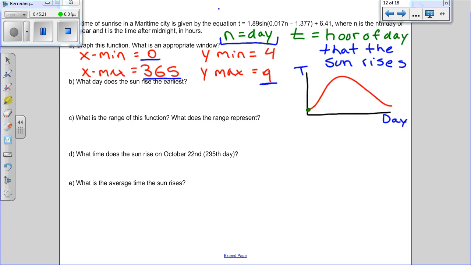But that's okay. So, according to this, what day does the sun rise the earliest? You need to find that minimum point, and that'll tell you the day that it rises the earliest. So again, you need to go off your graph a little bit, and that's okay. You can find either minimum point that would work, but it would be kind of weird to talk about the 360th day. So I would go past it a little bit. And I find that my minimum is at negative 11 here.